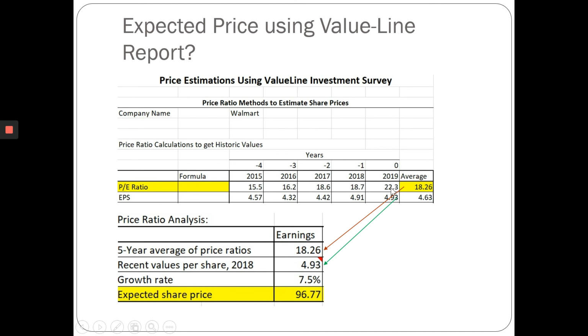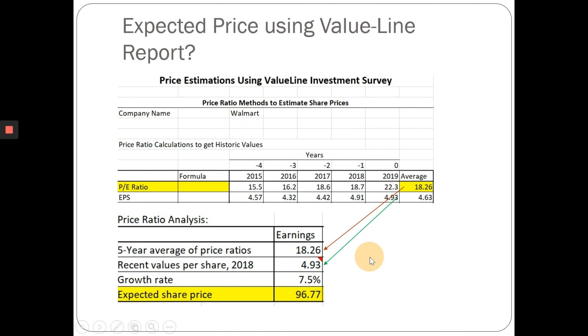The PE ratio for 2019, 2018, 2017, 16, and 15 for Walmart is over here. So I simply took its average. It turned out to be 18.26. And the recent earnings per share is 4.93. So we are using these numbers over here. Plus the growth rate was 7.5%.